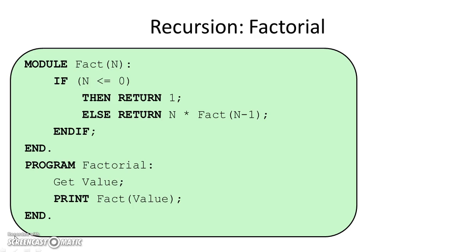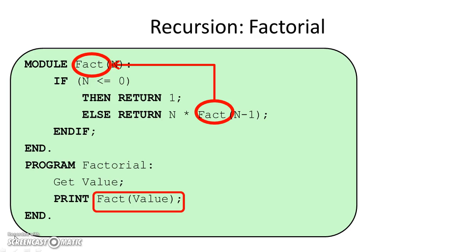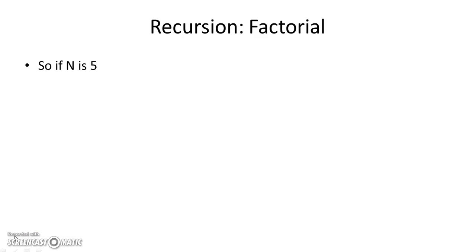And we can call it by having our program called Factorial that says get a value from the user, print out the fact of that value, which we'll call our module. So within the definition of the module fact, we have the module itself being called.